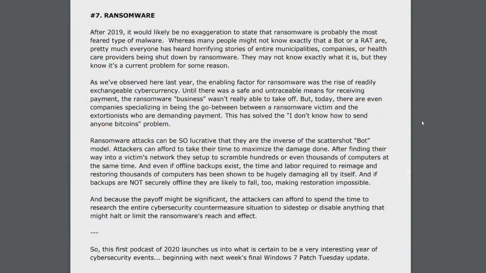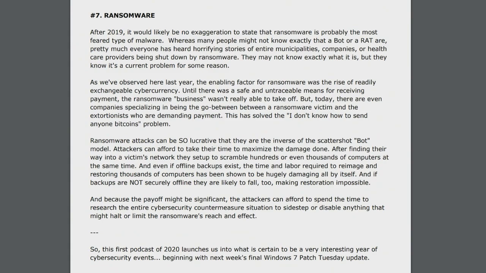And finally, last but certainly not least, number 7 in the malware lexicon is ransomware. After 2019, it would likely be no exaggeration to state that ransomware is probably the most feared type of malware.